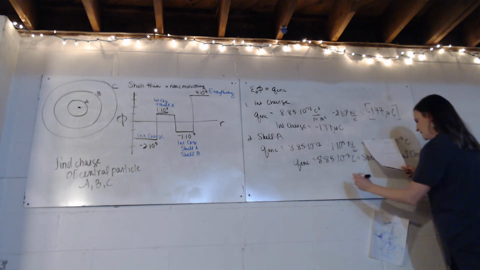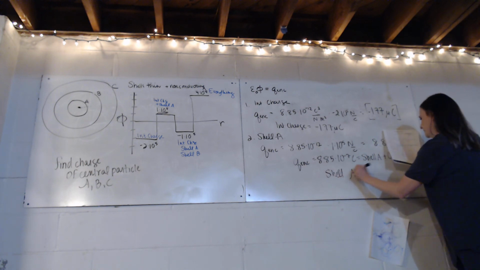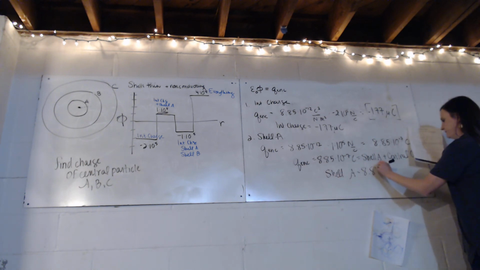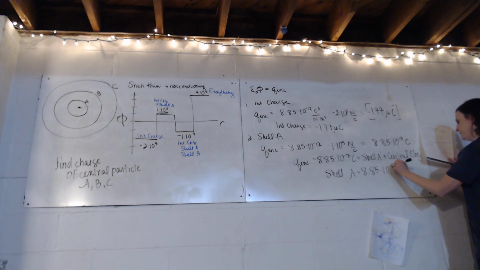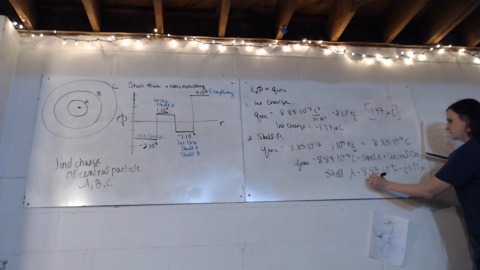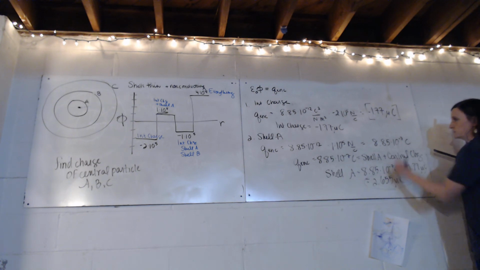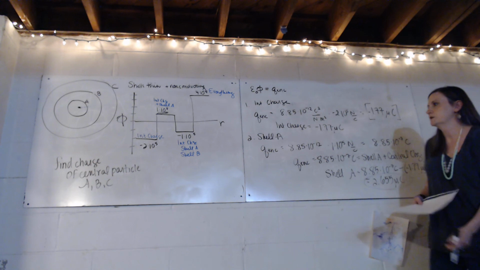So shell A is equal to 8.85 times 10 to the negative 7 minus the central charge, which is negative 1.77 microcoulombs. And this gives me 2.655 microcoulombs. So now I know the charge of shell A. So I've got shell A, I've got the central charge.